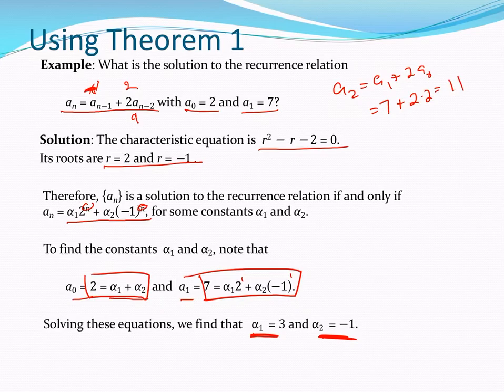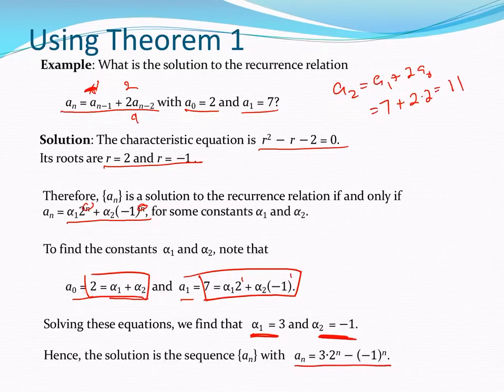Let's try our solution, which is A sub n is equal to 3 times 2 to the n minus -1 to the n. So A sub 2 equals 3 times 2 squared minus -1 squared equals 11. So it works.